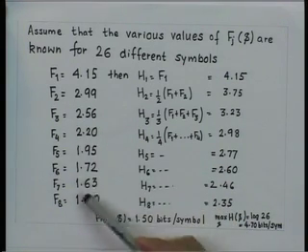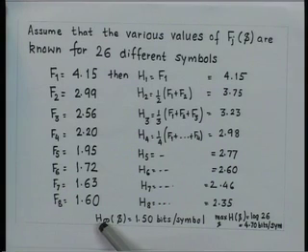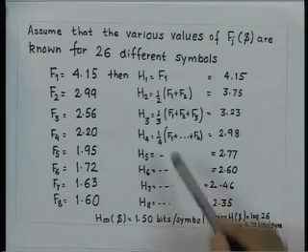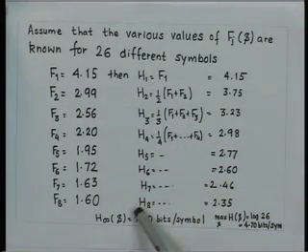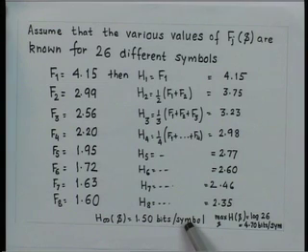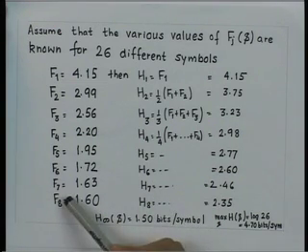If you continue this process, then you will find that F infinity stabilizes or converges to a value of 1.50 bits per symbol. HNS will also converge to the same value, 1.50 bits per symbol, but the convergence rate will be slower than that for Fn.